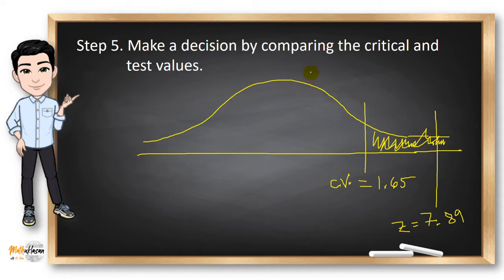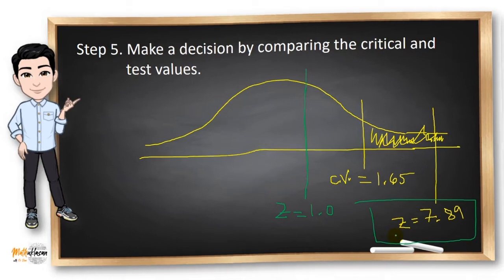But what if z is 1 and it's on the non-critical region? Well, if it's less than 1.65 or it's on the non-critical region, then we don't need to reject the null hypothesis. But the answer is 7.89, so we need to reject the null hypothesis.